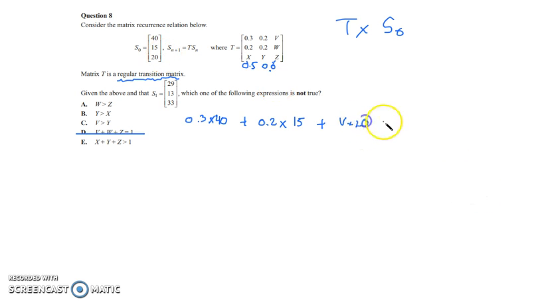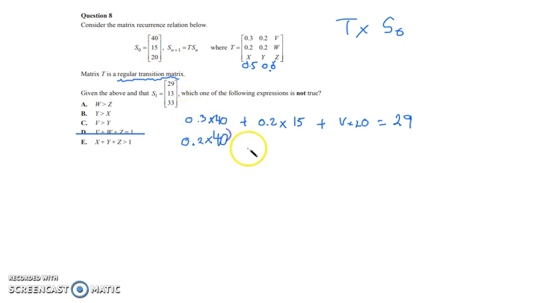And that's how we do the matrix multiplication. We do the horizontal times the vertical, and what that should equal is 29.